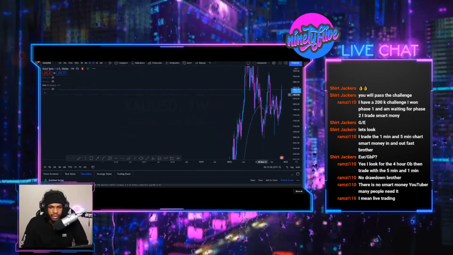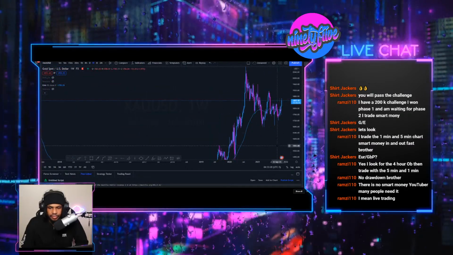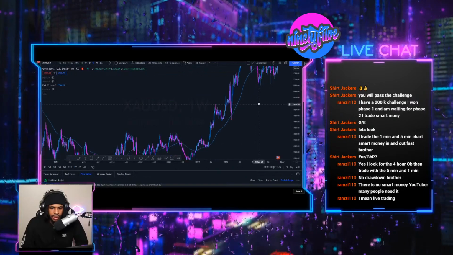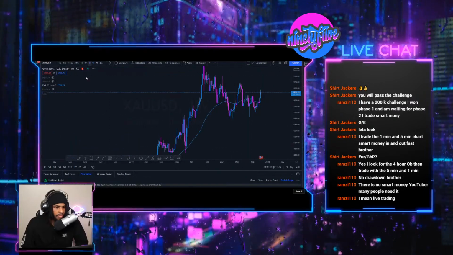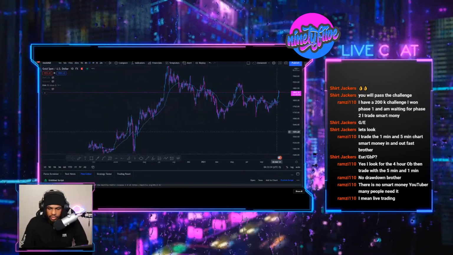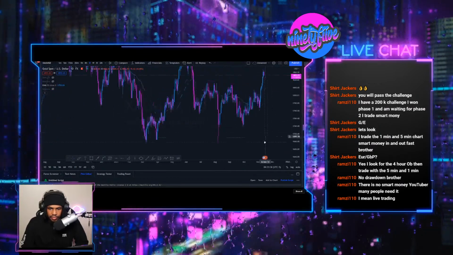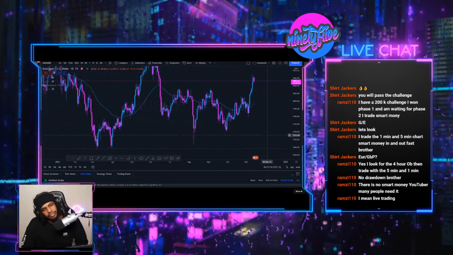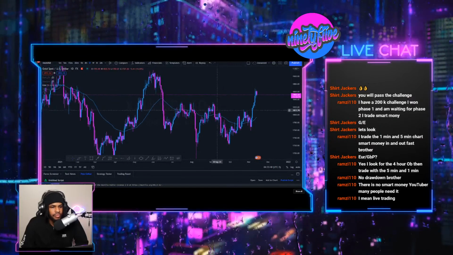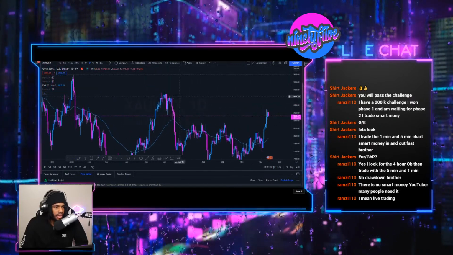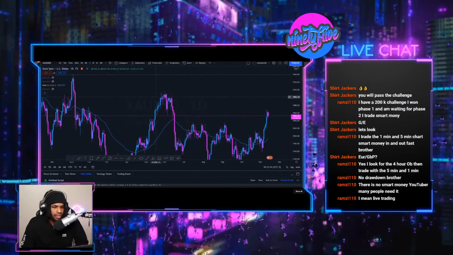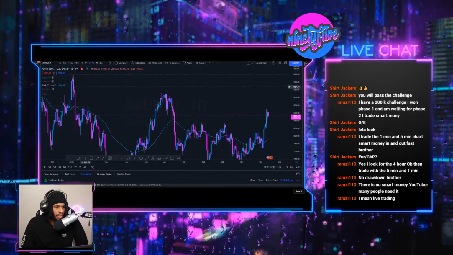Let me go to the weekly first. This thing is very, very wicky. Maybe it looks a little better on the lower time frame. So pretty much what I look for with the order blocks is I look for an imbalance to be there with it.